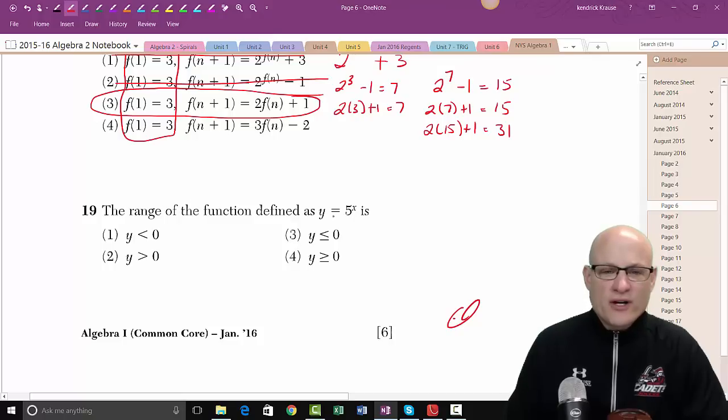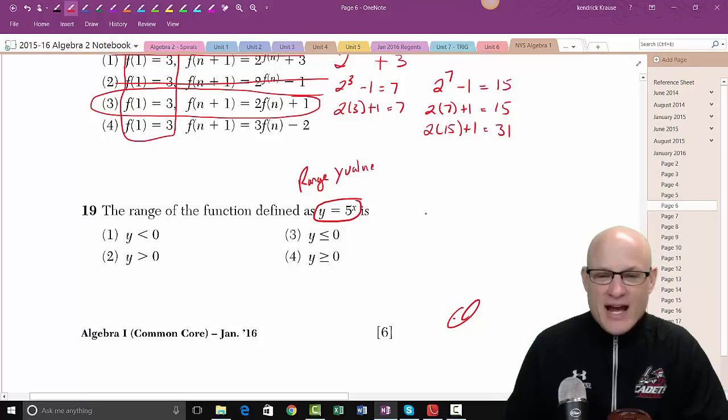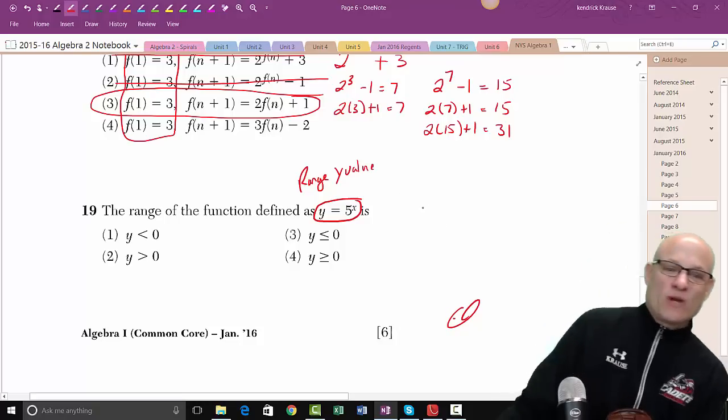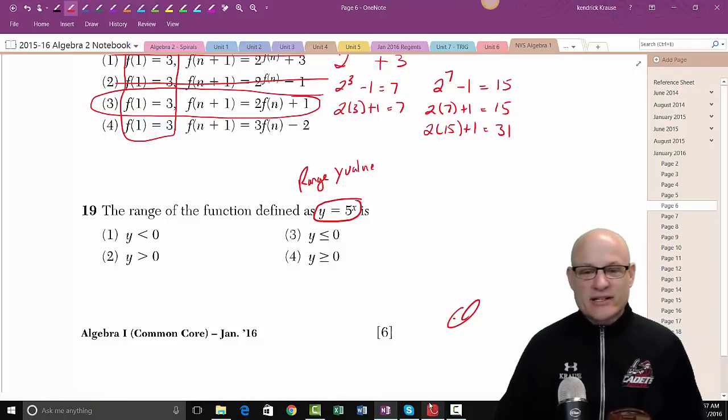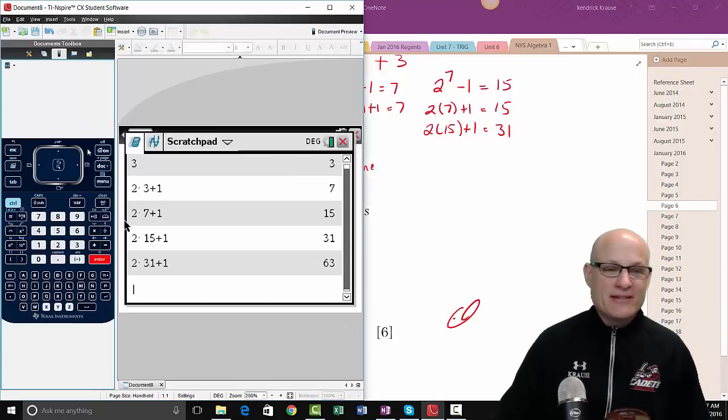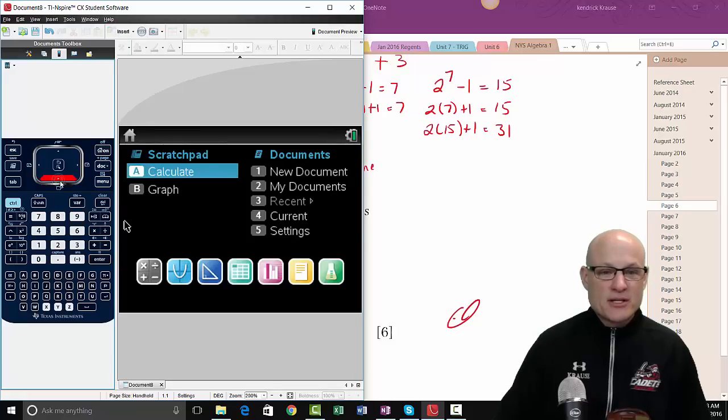The range of this function is, now range is the y values. So it's not bad. It says the range has to be, this one's probably, unless you've really studied exponential functions, this one's probably easiest to look at graphically.